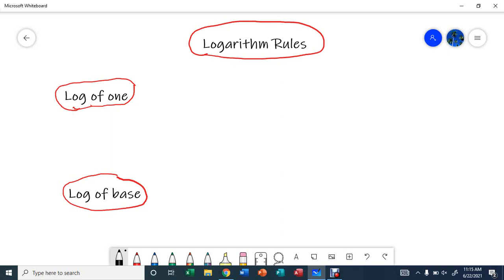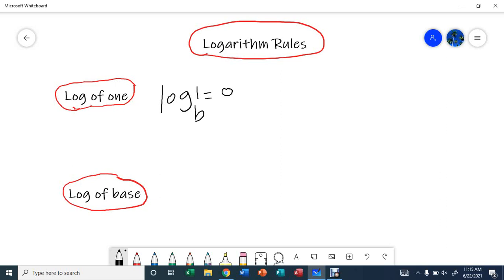So the first rule we will cover today is called log of 1. Log base b of 1 is always 0.